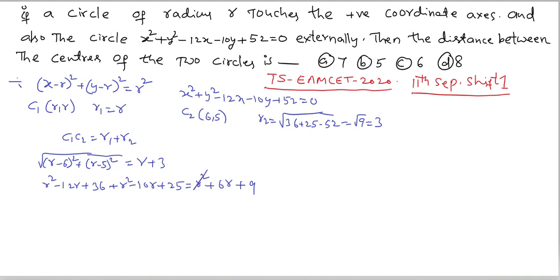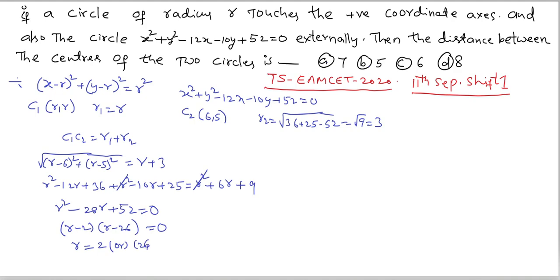On both sides r square cancels. It is r square minus 12r minus 10r minus 6r, that is minus 28r, plus 36 plus 25, that is 61, minus 9, that is 52, is equal to 0. So the factors of this are (r minus 2)(r minus 26) equal to 0. So the radius r is equal to 2 or 26.